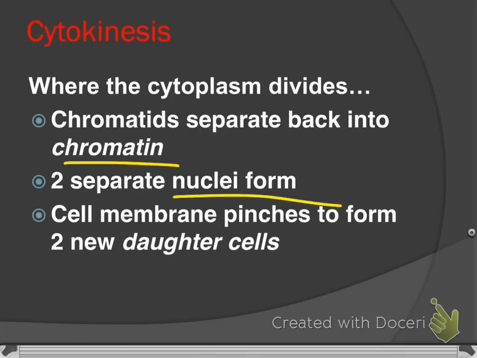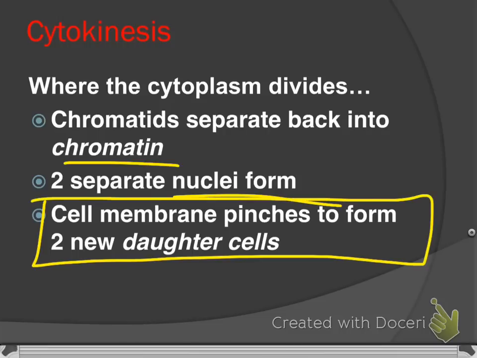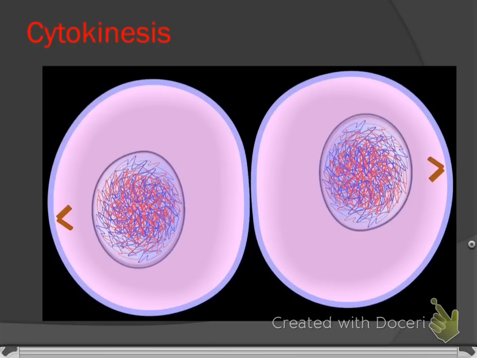Your nuclei are forming, but this is where, very important, your cell membrane pinches to form 2 new daughter cells. If you draw this pinching together to form 2 completely separate cells as telophase, you will get it wrong because that doesn't happen until cytokinesis. And then here's what cytokinesis looks like.